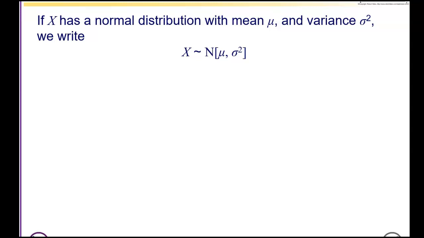Can you please write down the standard default setting for a normal distribution using that notation? The mean is 0, good. That is just the default setup for a normal distribution. Mean is 0, standard deviation is 1.